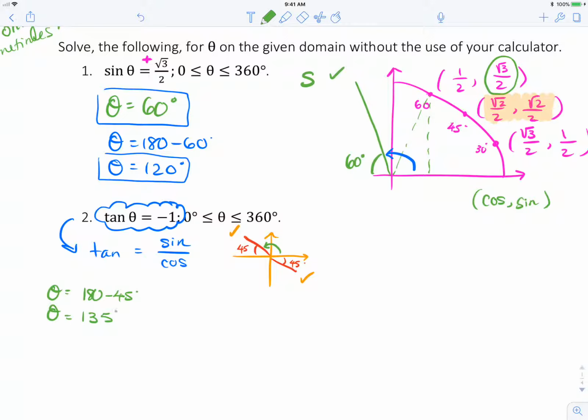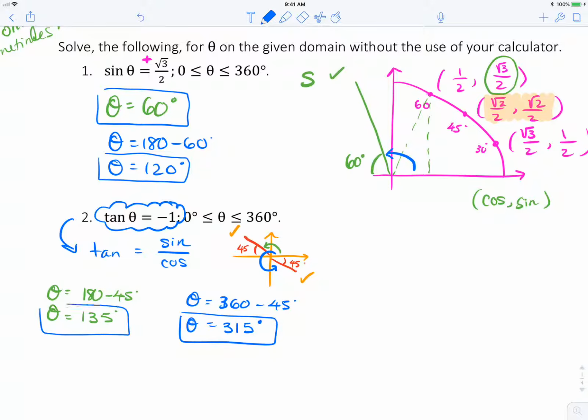So I get my first angle. And then I'd have to go all the way around from start to finish to get my second angle. This would be 360 subtract 45. There are my two solutions.